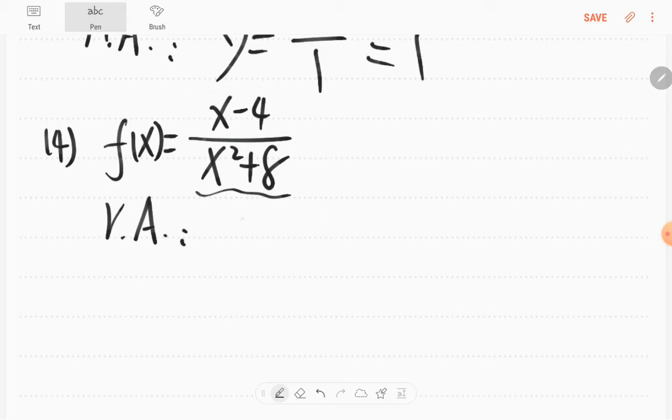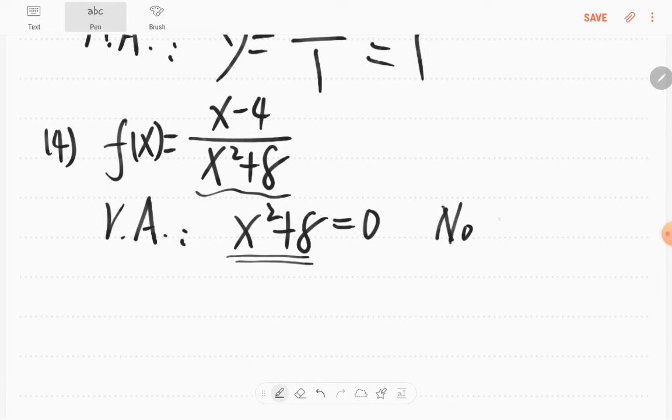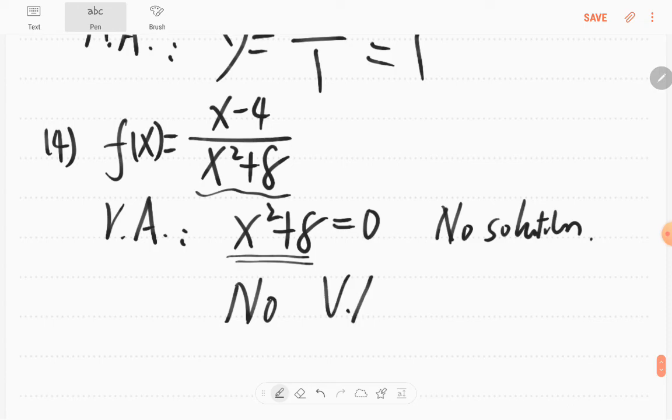So x squared plus 8 equals 0 should give the zeros for the denominator. But we notice that x squared plus 8 is always positive, so it cannot be 0, so there's no solution. In other words, there is no vertical asymptote.